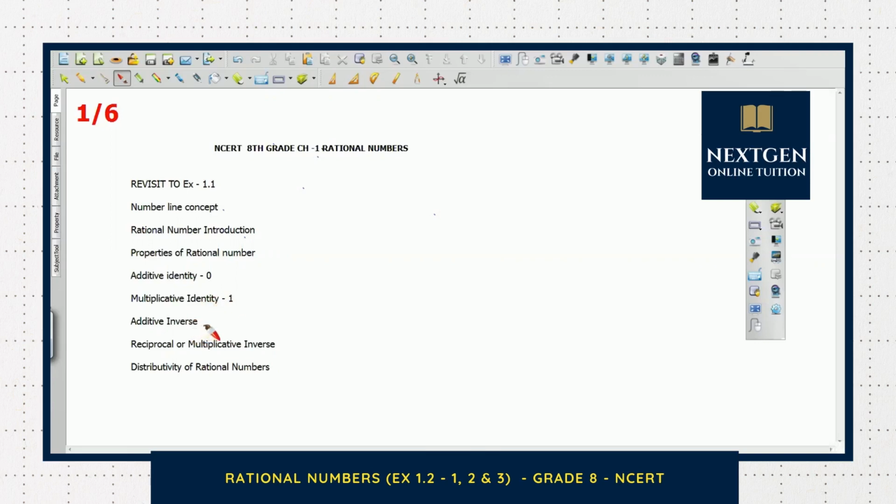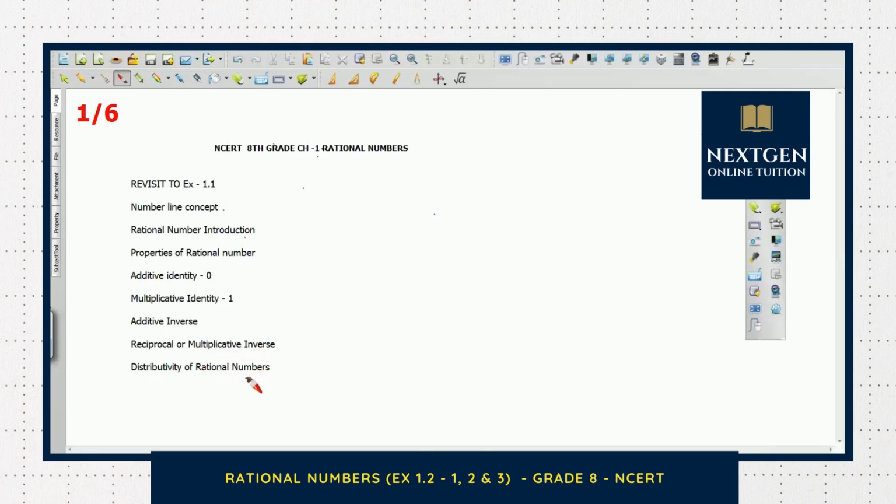Additive inverse is the reverse of the number with the negative sign, and reciprocal or multiplicative inverse is nothing but the opposite, that is the reciprocal of the same number. If it is 5 by 6, the reciprocal is 6 by 5.